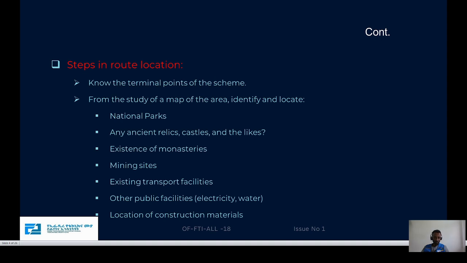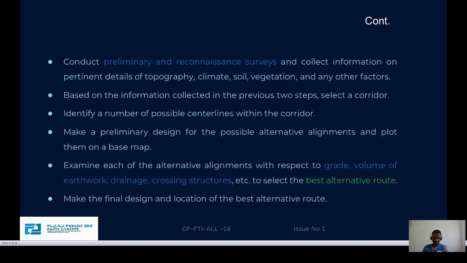From the study of the map of the area, identify the locations of national parks, ancient castles, existing monasteries, mining sites, existing transport facilities, and locations of construction materials and other public facilities, which will be identified and located from the maps, and collect information by conducting a reconnaissance survey using desk study as well as field study, and coming next is the preliminary study.